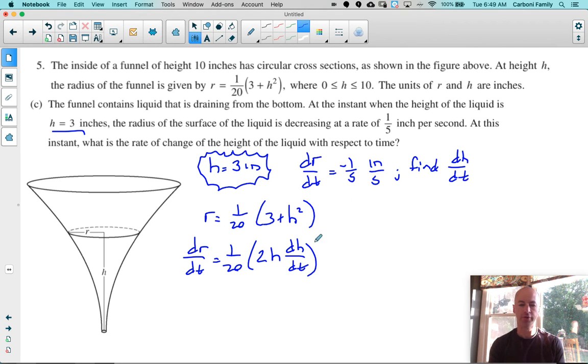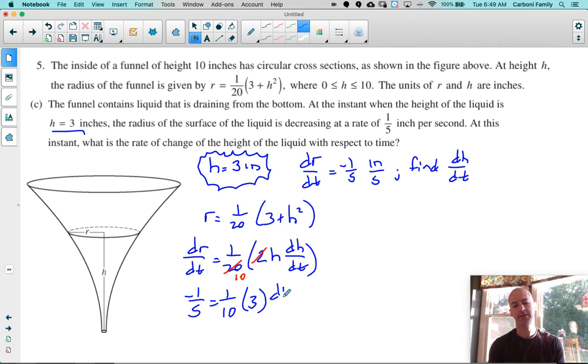Now that I have taken the derivative, I can use the 3 inches for H. So dr is negative 1/5. I'm going to simplify this a little bit. The 2 and the 20 will reduce to 1/10. And I'm only doing that because it'll make the arithmetic a little bit easier when I solve for dh. I'm going to plug in my h of 3.